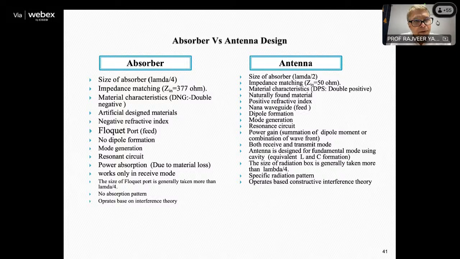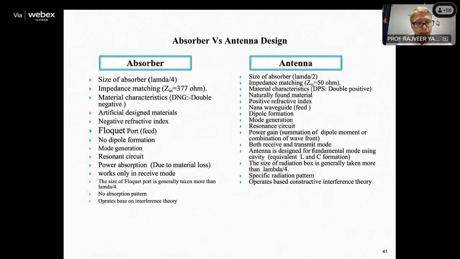The size of the absorber here, if you see, is lambda by 4. The size of the antenna will not depend on lambda by 4, it will be lambda by 2. The impedance matching here is 377, and here the impedance matching is 50 ohm. The material here is DNG or single negative, but here the material is perfectly positive.